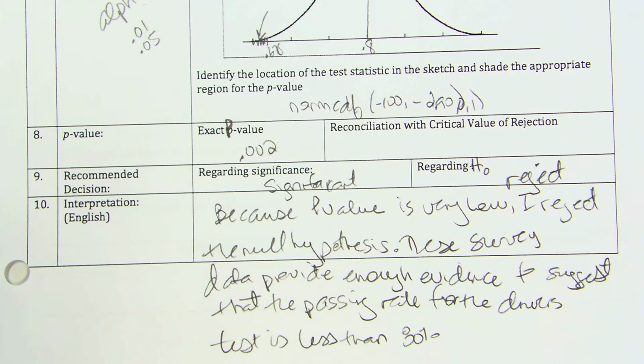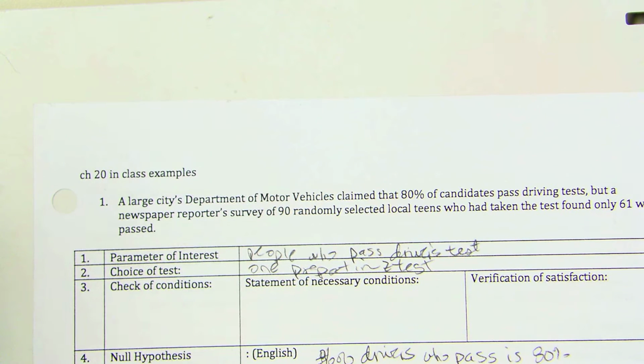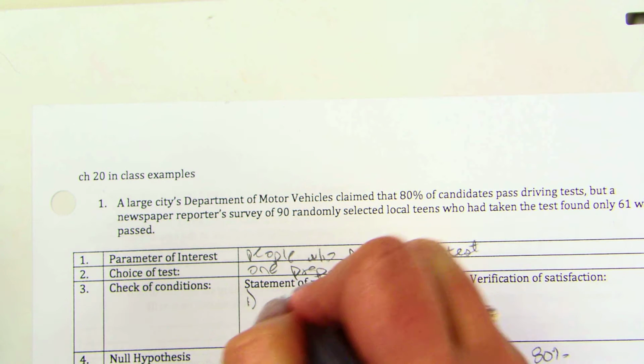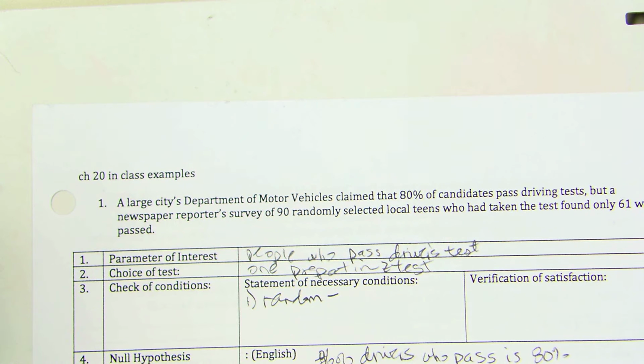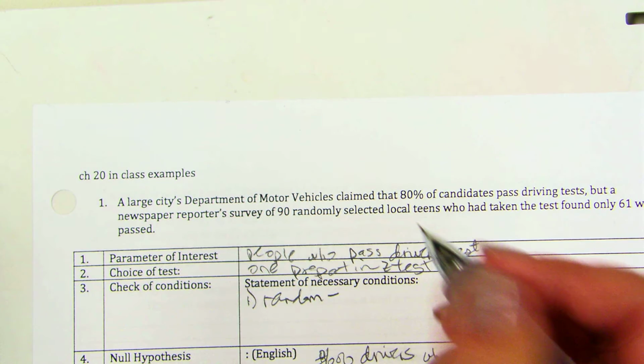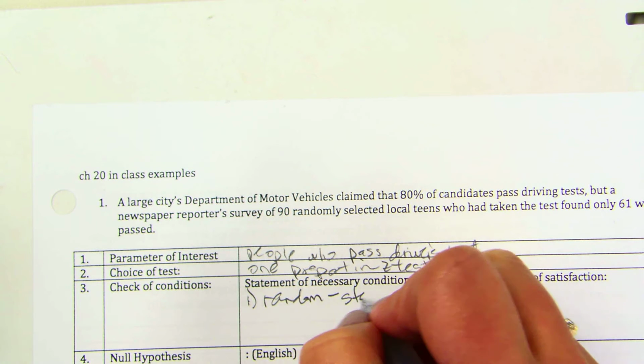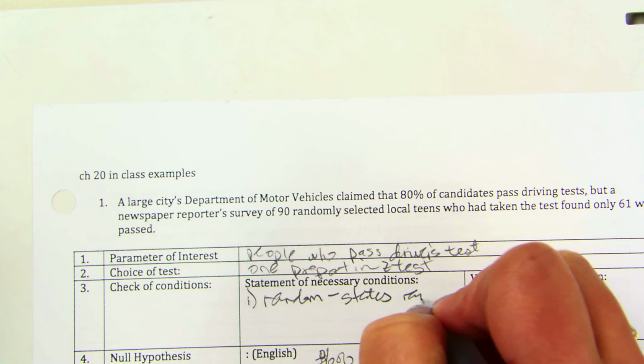I forgot, we didn't go back and do the conditions. Sorry, we should have done that first. So I'm going to slide this down. The necessary conditions are the same as we've done before. One, is it a random sample? Yes, it states random sample.